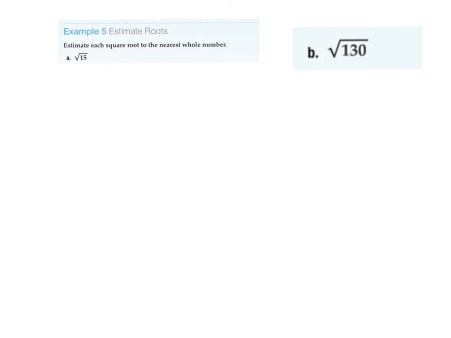On these problems, we want to find perfect squares that are on the left and right. Well, here are the perfect squares. 1 is a perfect square, 4 is a perfect square, 9 is a perfect square, 16 is a perfect square, 25. Notice we now have the square root of 15 is actually between these two.